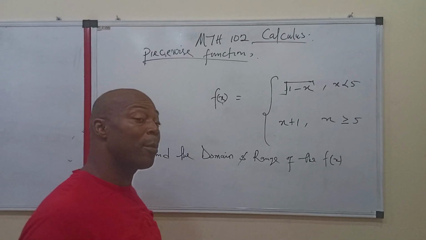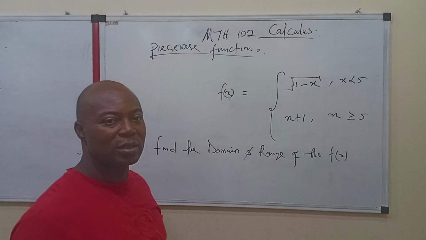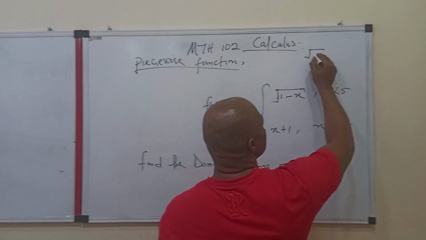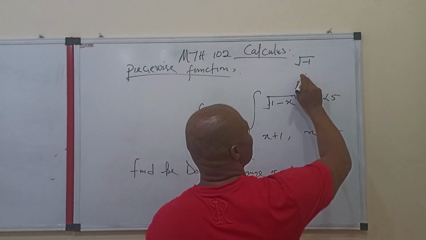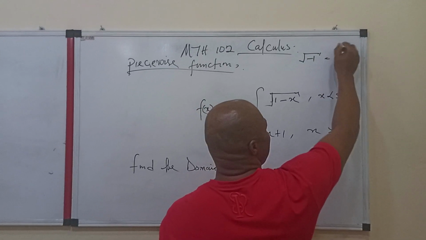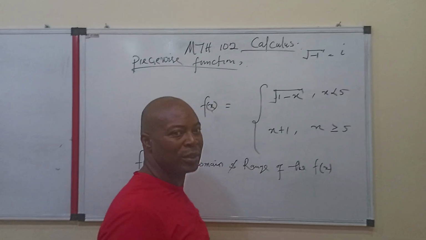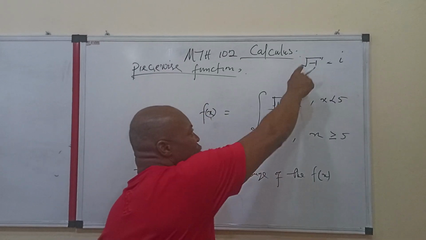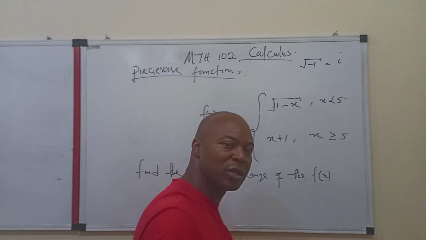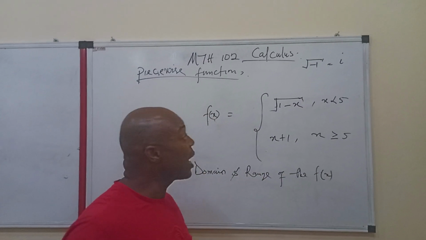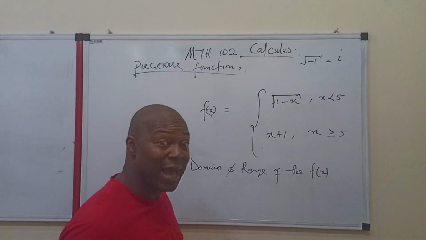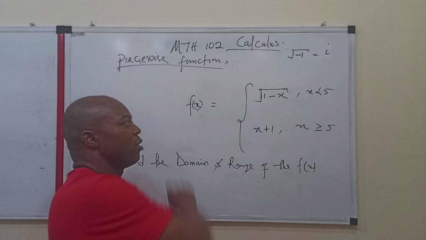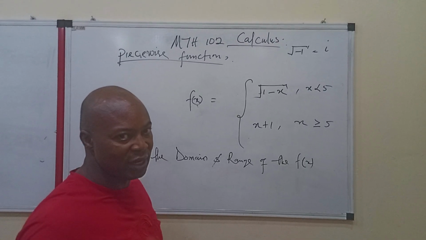What do I mean? If you put in something like -1, you know that this is now the complex number i. We don't want that kind of thing. Once a minus sign is inside the square root, it gives us a complex number. So anything that will make the value inside negative, we don't want it. We will remove it from the domain of this big function. So we must be very careful.